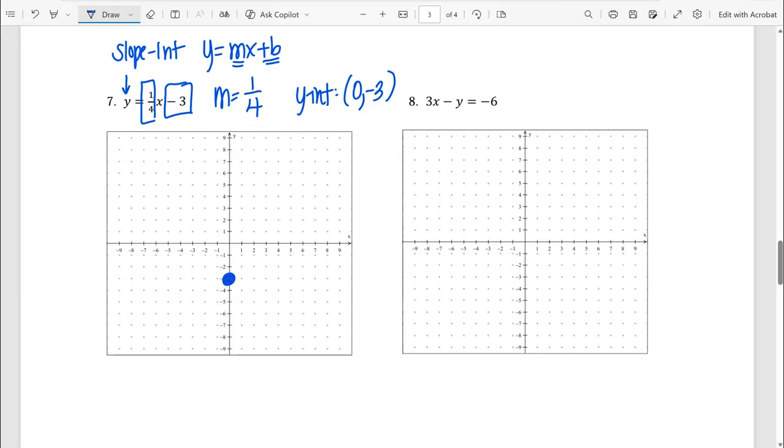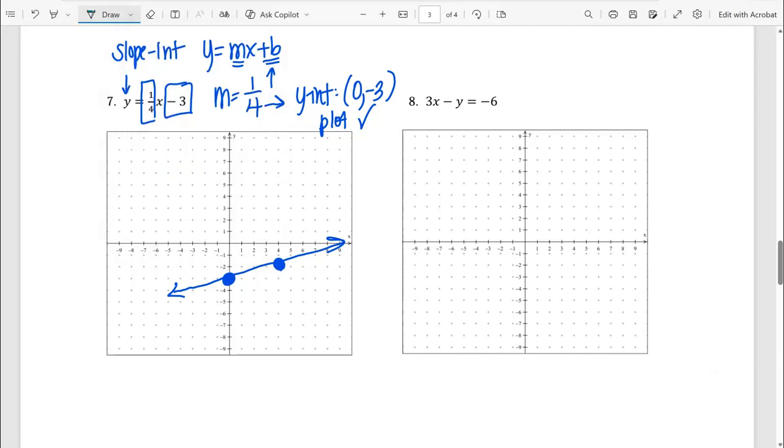Just like we've done over and over and over again, you have to have your starting point. So I plot that y-intercept first. Then I use the slope to find another move. Positive 1/4 means I rise up 1, run to the right 4, plot another point. And you could keep going, but it only takes 2 points to plot a line.